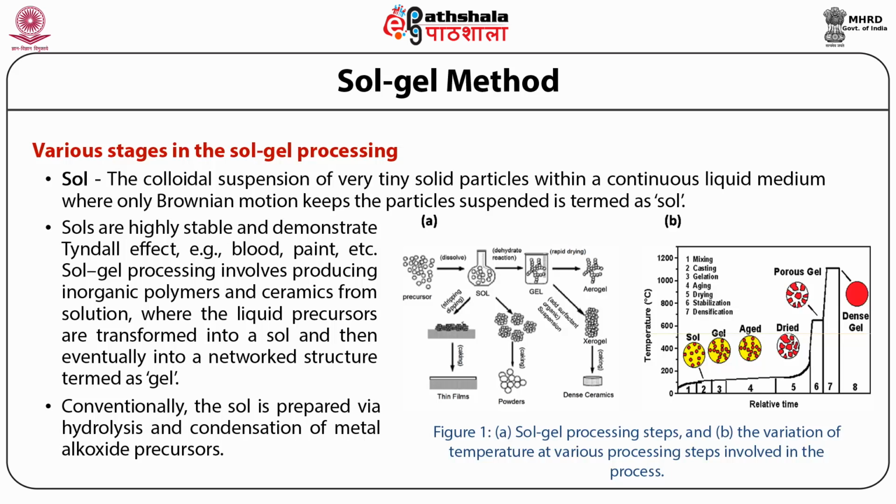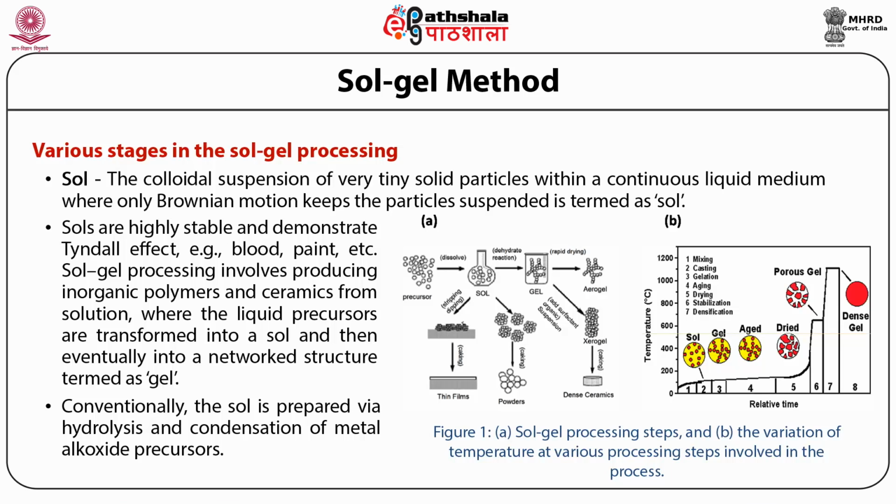Conventionally, the sol is prepared via hydrolysis and condensation of metal alkoxide precursors. Figure 1a shows the steps included in the sol-gel technique of nanoparticle synthesis, and figure 1b indicates the temperatures involved at each step.